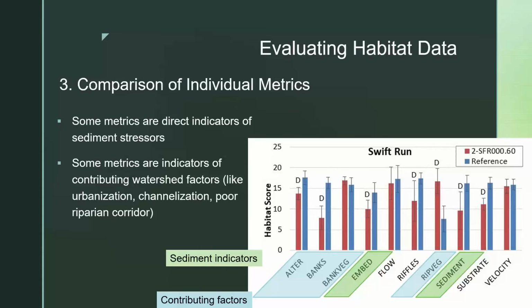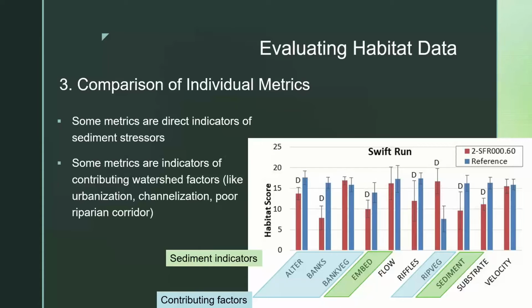If we have actively eroding banks, we're probably going to also have in-stream sediment conditions as well. But maybe not, and it might depend on the location, because poor riparian areas at one portion of the stream might actually lead to downstream in-stream sediment issues. And so there's a spatial component there as well.